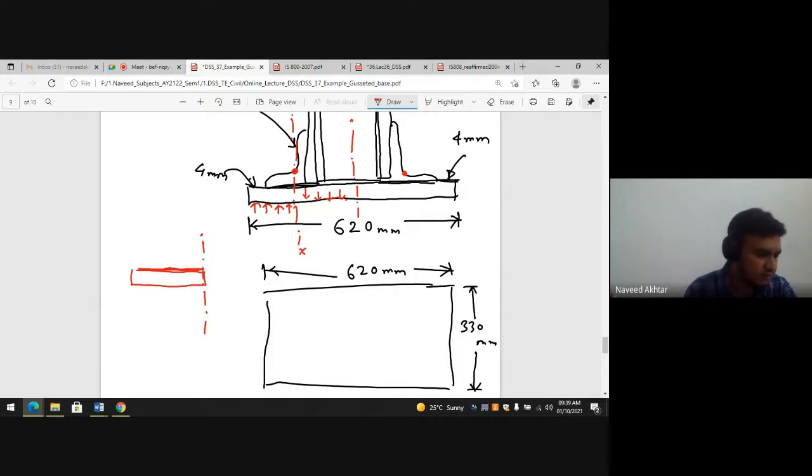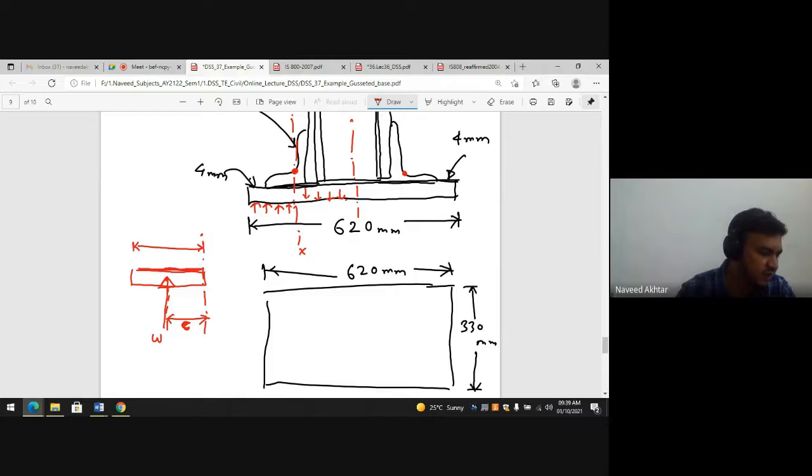The center of the pressure will be at half of this, C by 2.